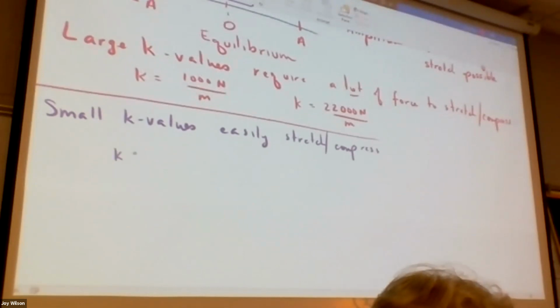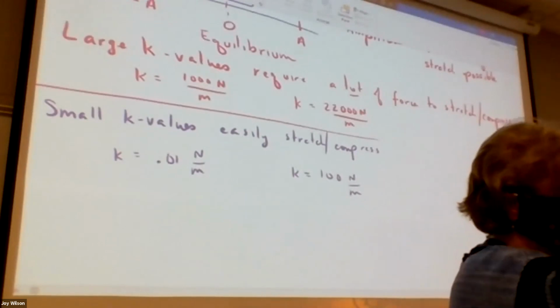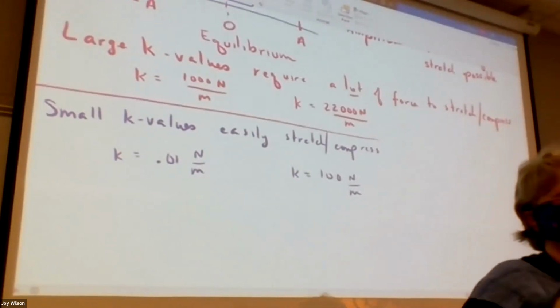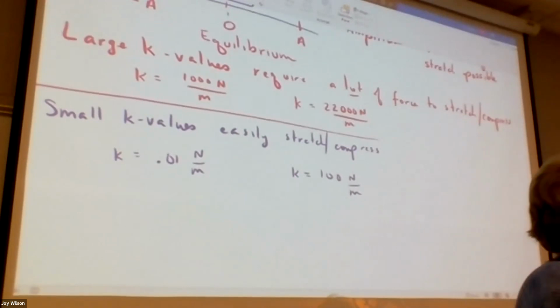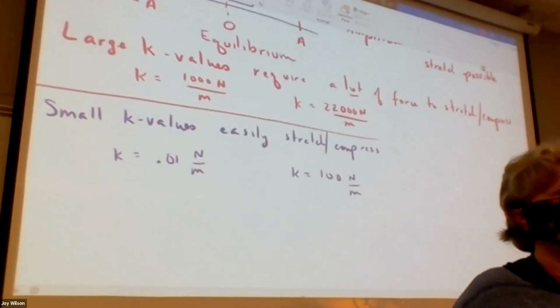So K might be 0.01 newtons per meter, or K might be 100 newtons per meter. The second one, the 100 newtons per meter, just to put this in perspective, if the top ones require you to lift a Volkswagen Bug, like pick it up, that's the amount of force you need.